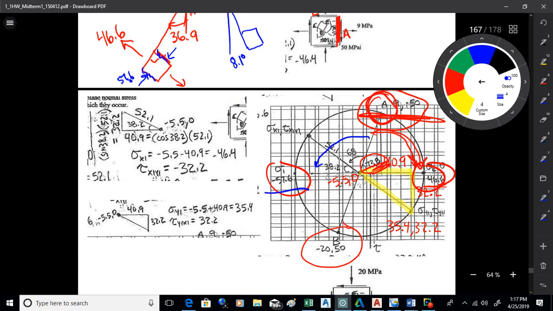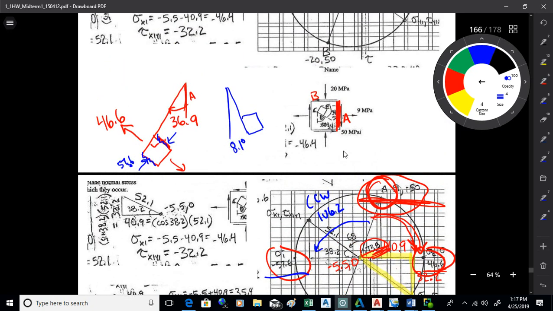Just to finish the thought, now I have to do a little bit more calculation on the angle. That would be 106.2, is that right? I think. So I'm going to go counterclockwise 102 from the A plane, and that's going to get me on the plane where the negative 57.6 acts.